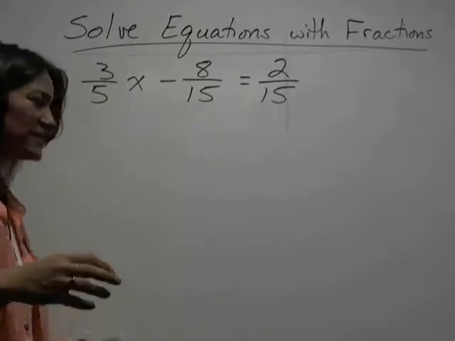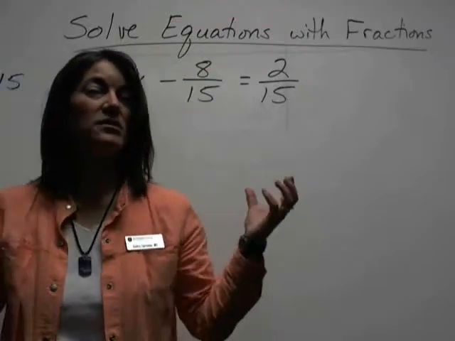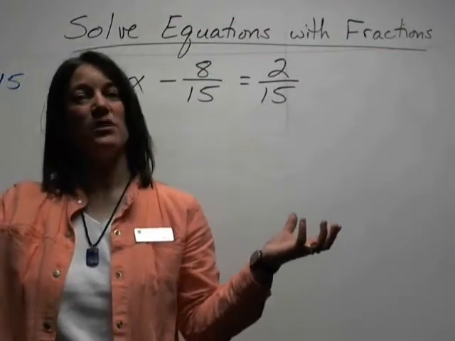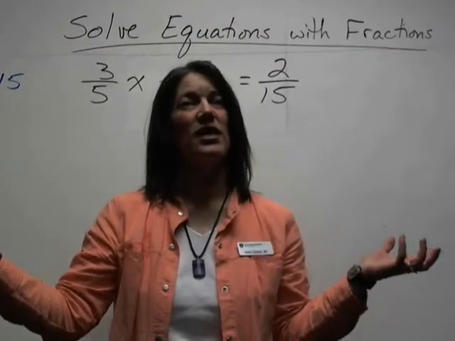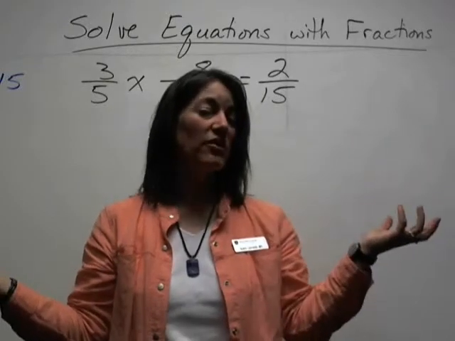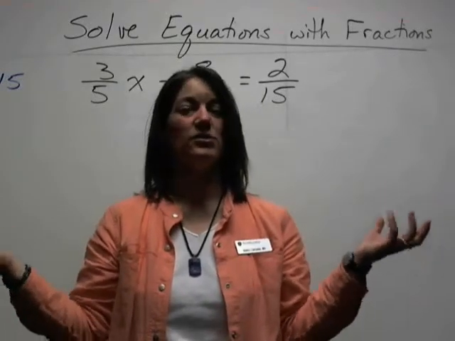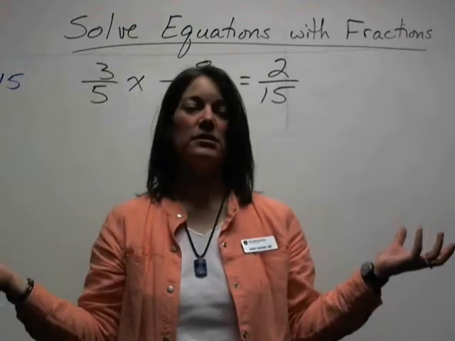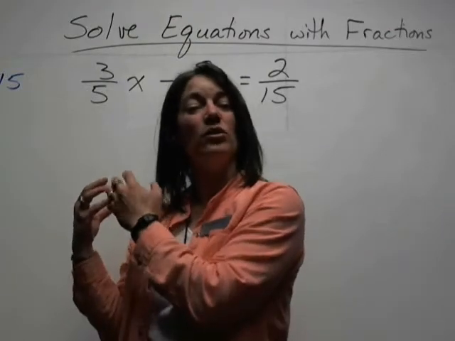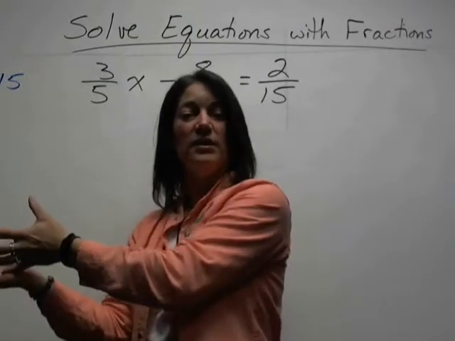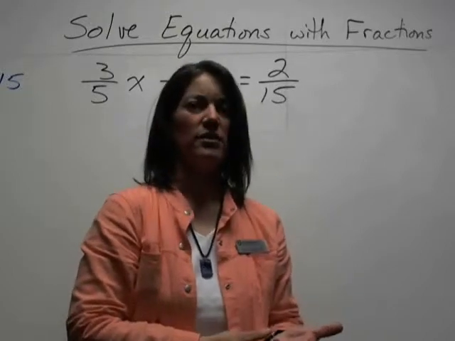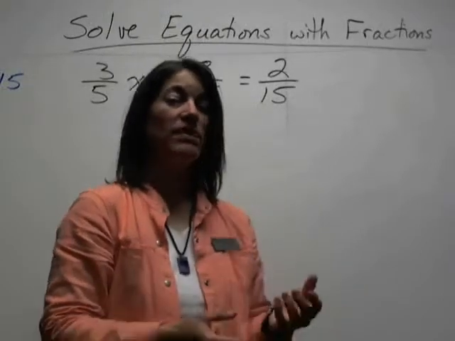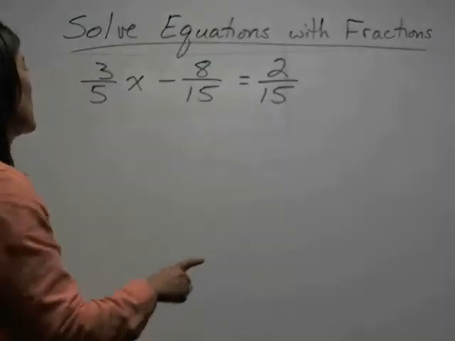Now, we've stated in the past that because this is an equation, I can do something over here on one side of the equation, and as long as I do the exact same thing on the other side, it's perfectly legal to do. It's perfectly balanced. So I'm going to do a little manipulation by multiplying both sides of my equation. What am I going to multiply by? The LCD.